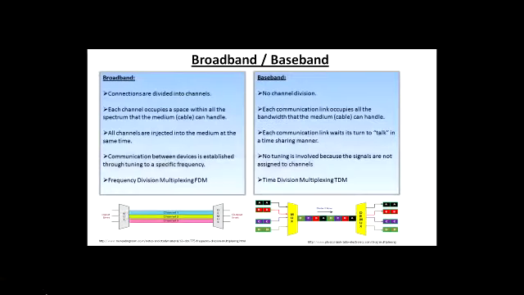Now, when we're talking about time division multiplexing, we are not injecting all channels or all signals at the same time. The channels are being transmitted through that link on a time division basis.